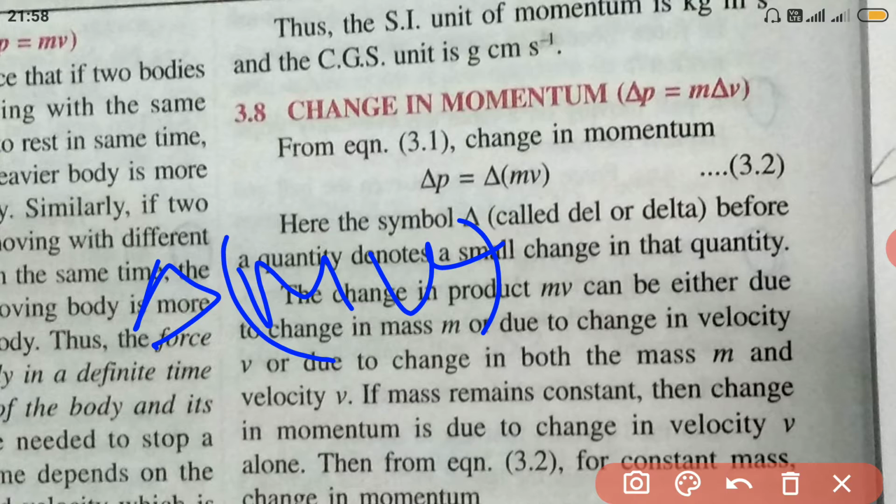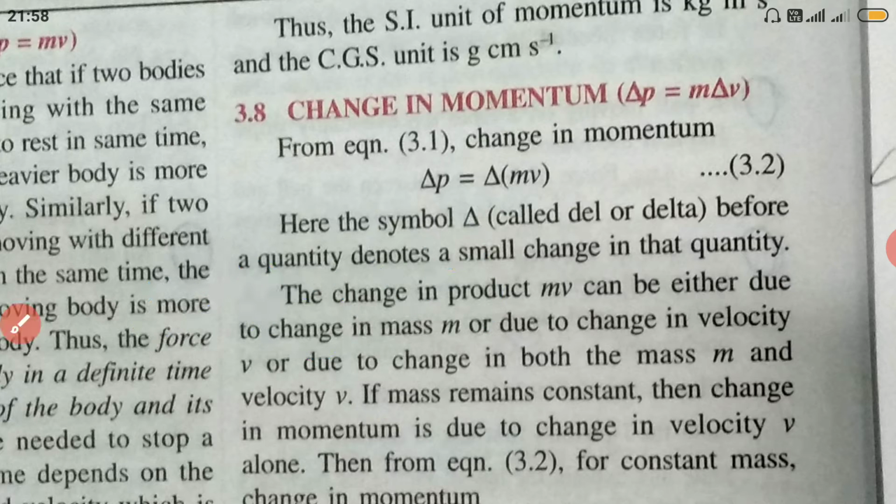Because if mass also changes, the product will change. Suppose the mass is 50 and the velocity is 20, so it will come to 1000. Suppose instead of 50 we take 25, the product will not remain the same, it will become less. So the change in the product of mass and velocity can be due to the change in mass or due to the change in velocity. I hope you understood this.